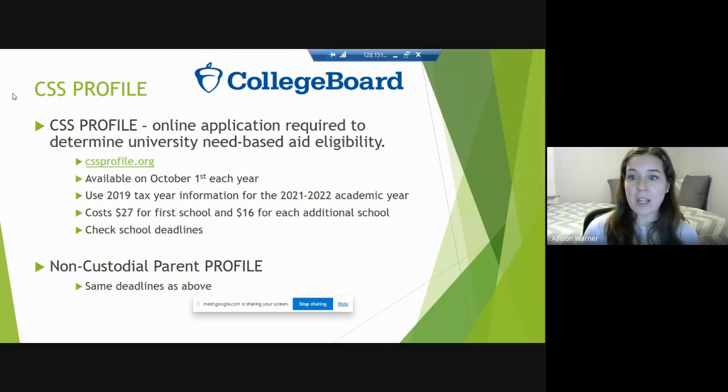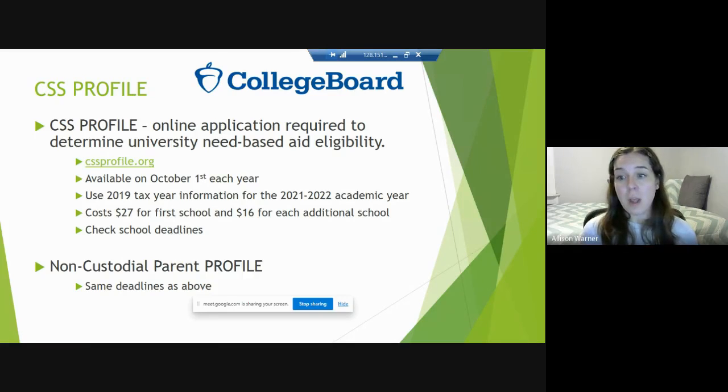Now, if getting the non-custodial parent to complete the application is not in the realm of possibility, for example, there's absolutely no contact, then there is a special appeal process to get this profile waived. The non-custodial profile waiver process and approval is at the discretion of each school it is submitted to.